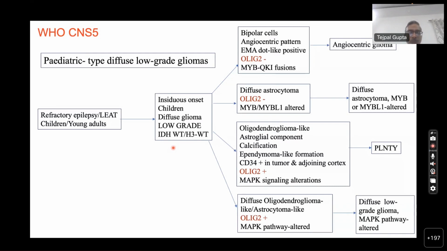As far as the diffuse low-grade astrocytomas or the pilocytic astrocytomas which are residual or recurrent, we definitely treat them. And the current mainstay of treatment in children is systemic chemotherapy using vincristine and carboplatin. That's one of the common regimens that is used.